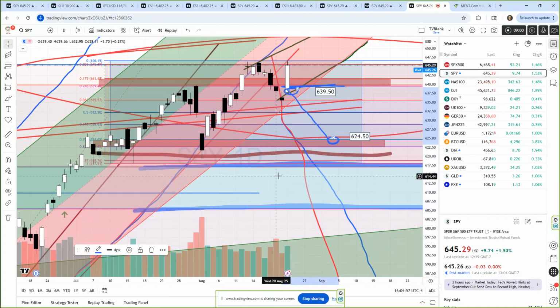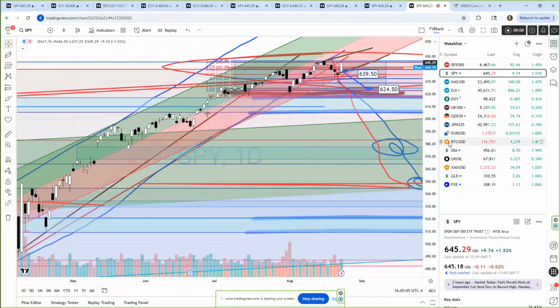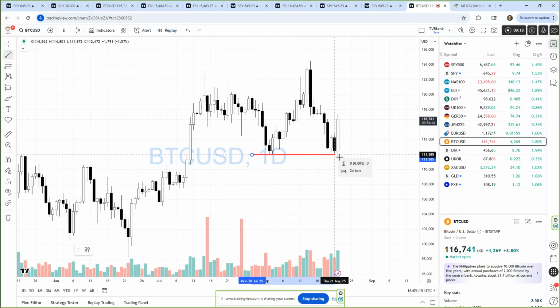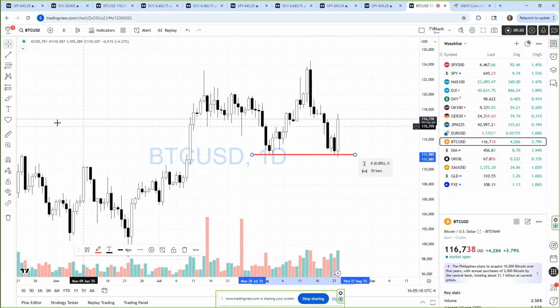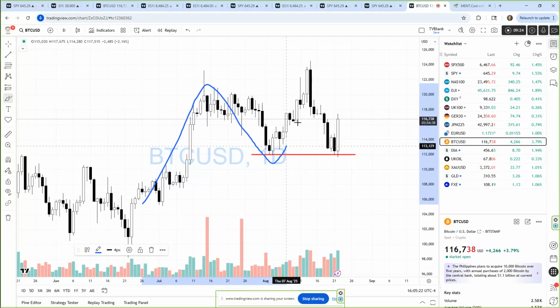So what was also interesting about the Fed move today was the fact that it drove Bitcoin higher off of this low. This was our flag low. If you take a look here, we've got this excess phase peak pattern.